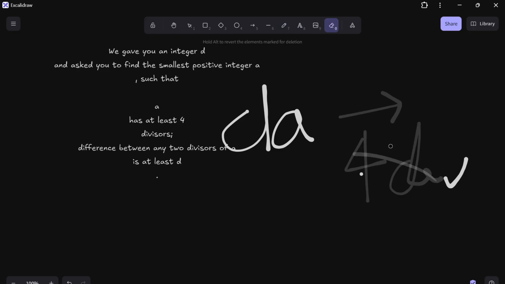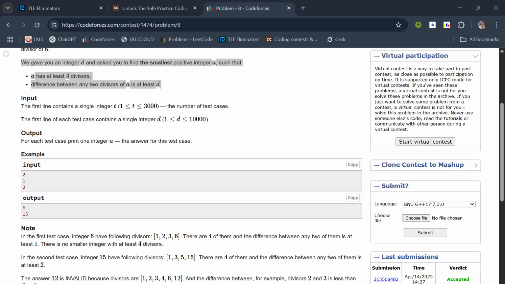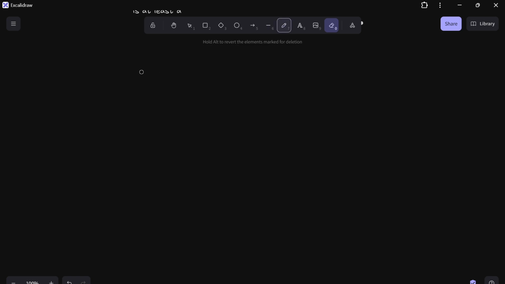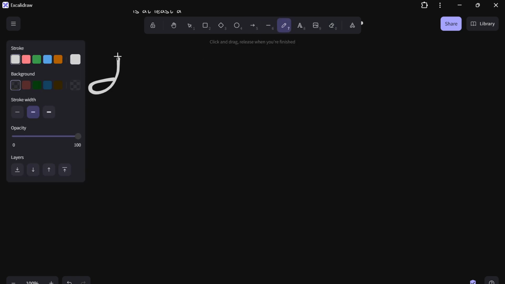If you simply solve it, as given in the problem, suppose we take d equal to 1.